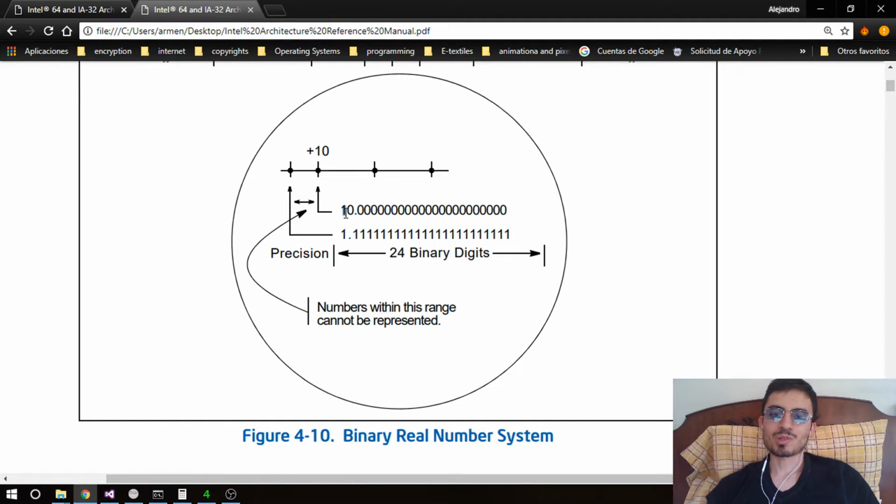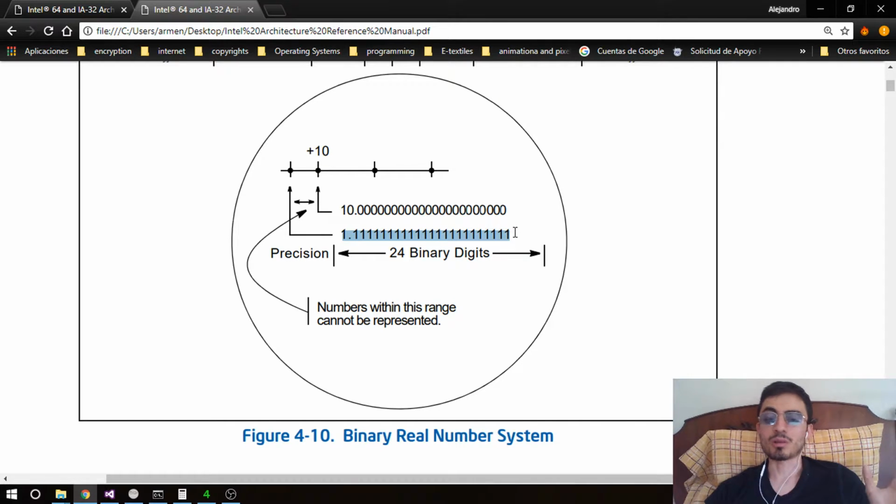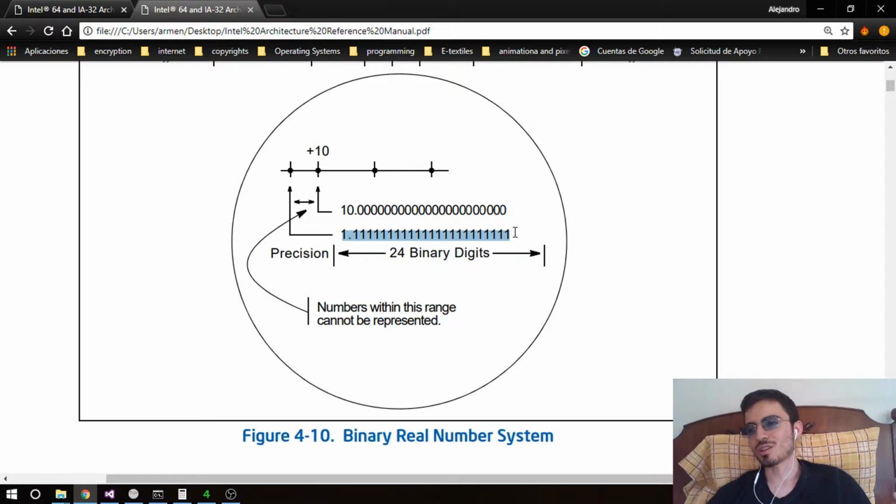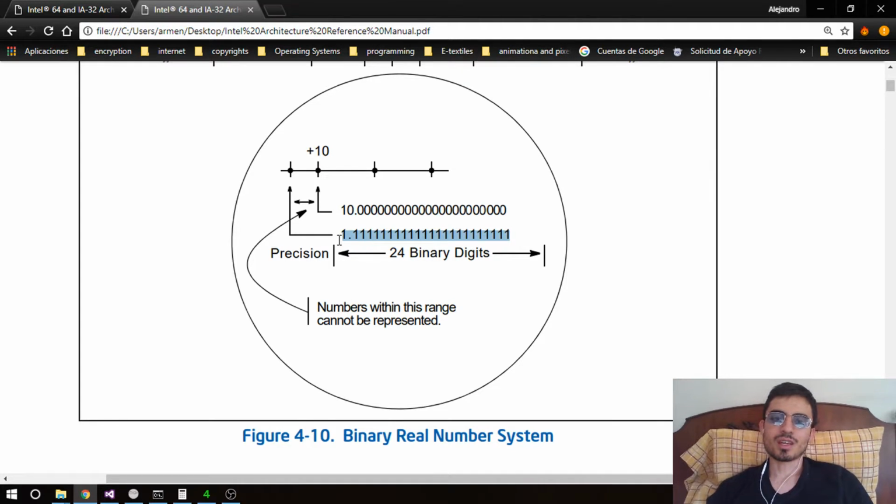There's a gap between this number and this number, some range, and that range of numbers that exists in the continuous space of real numbers doesn't exist here.